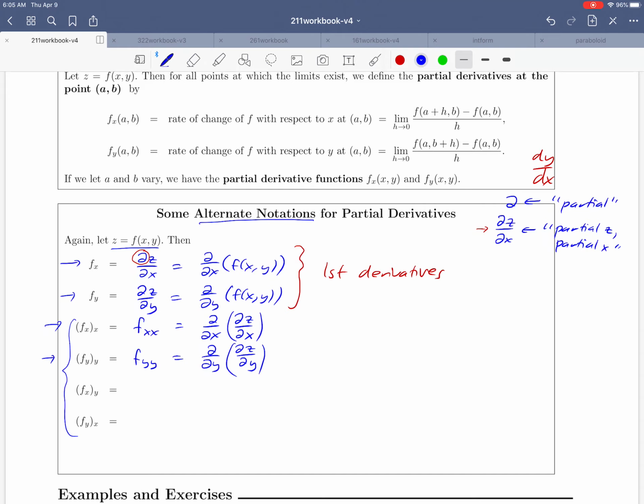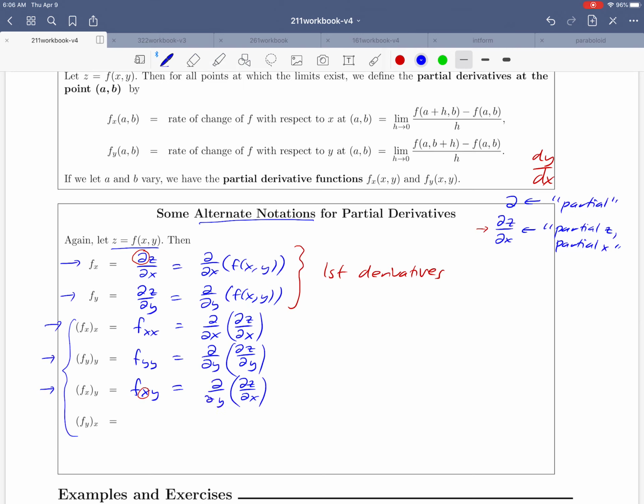Okay, and then we come to the last 2 rows. These are what are known as the mixed partials, because we're taking the derivative with respect to one variable and then with respect to the other one. Okay, so f of xy is like saying that we're going to start by taking the derivative of z with respect to x, because the x is the variable that comes first here, and then we're going to take the derivative of that derivative with respect to y.